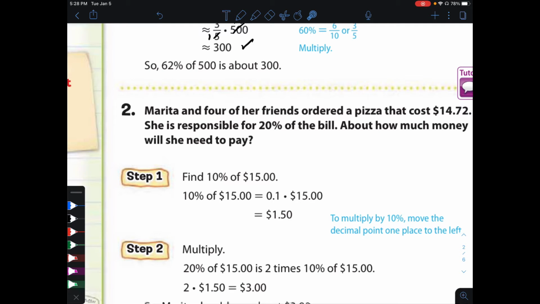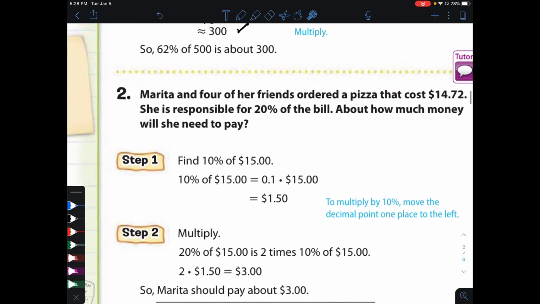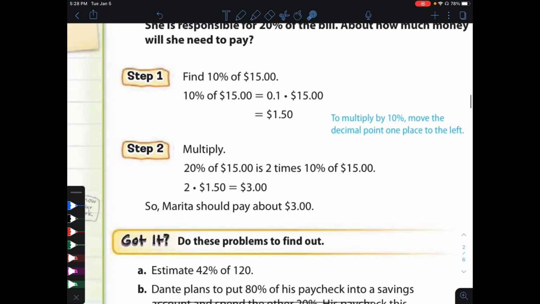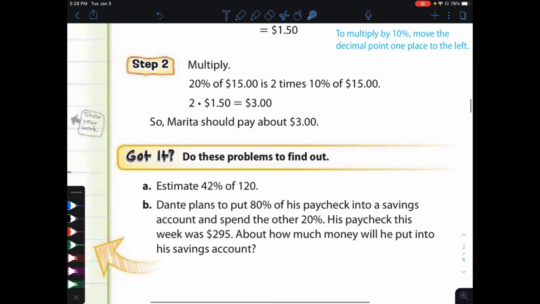So Marita is going to pay around $3 of the entire $14.72 bill. Okay, so that's how you use the 10% method to be able to estimate your percent. So do the guided problems and let's see if you understand the lesson.